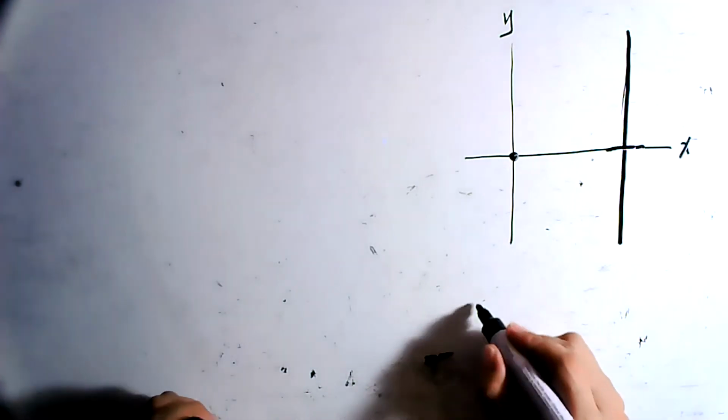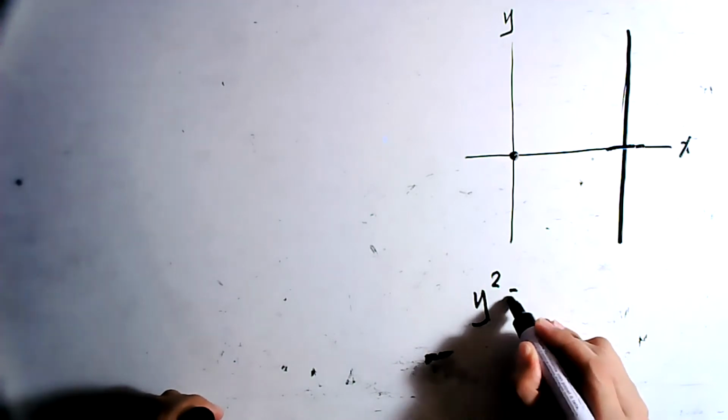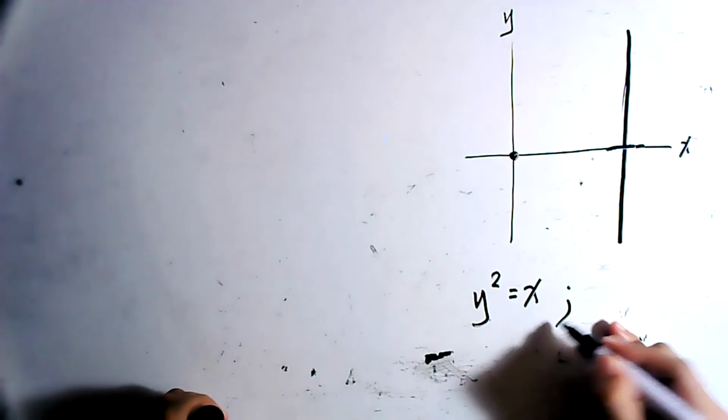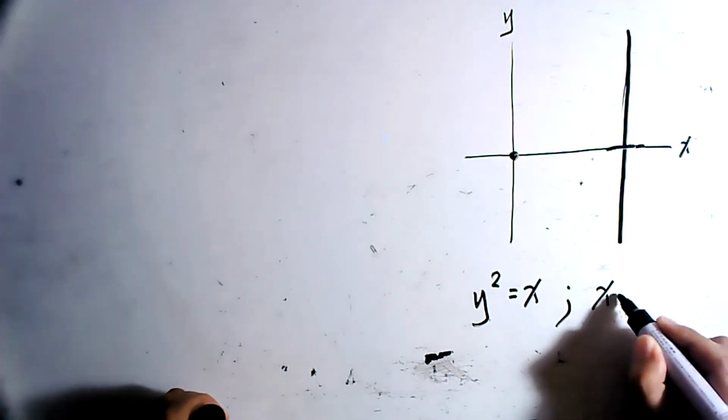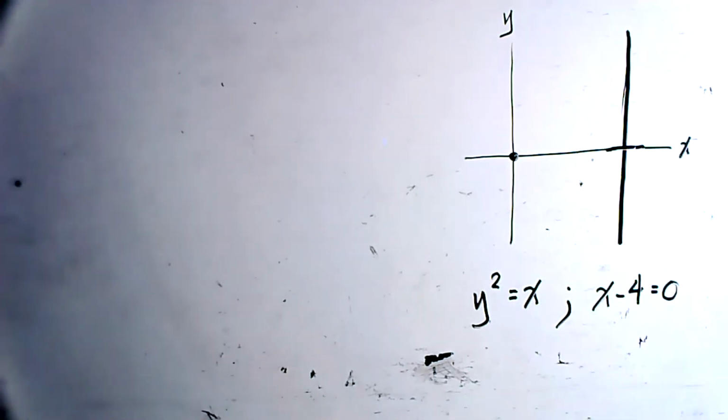The second problem states that we have to determine the area bounded by the curve, which is given by the equation y squared is equals to x, and of course, the line x minus 4 is equals to 0.